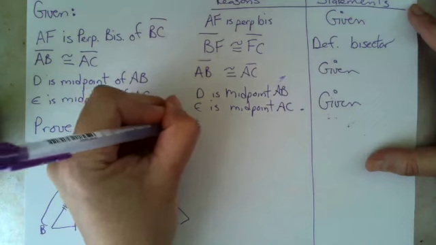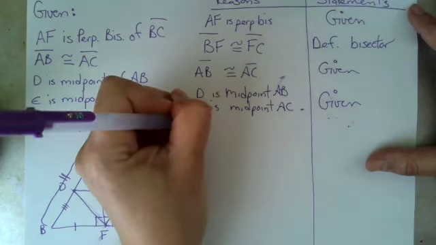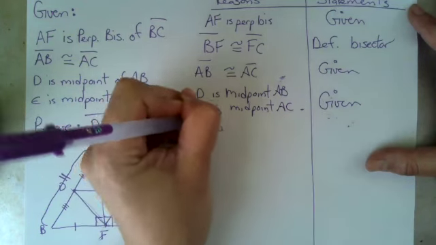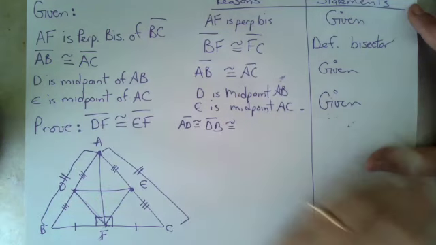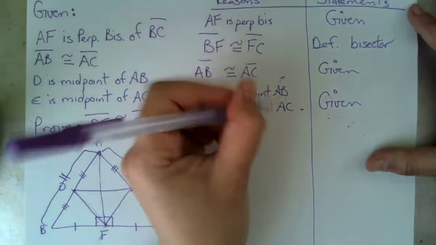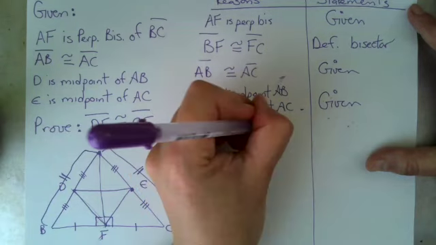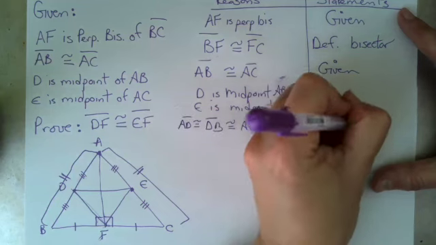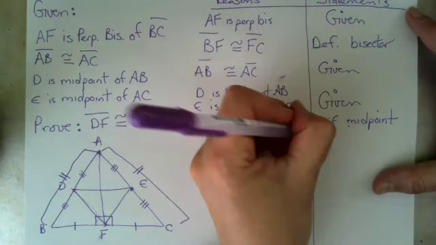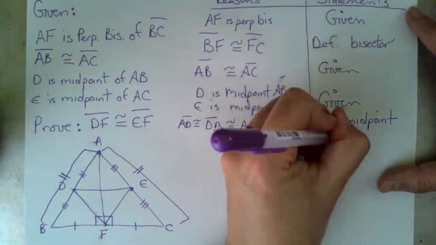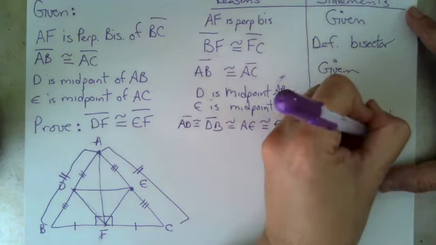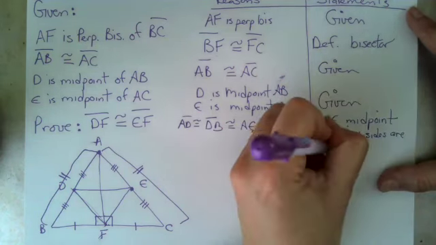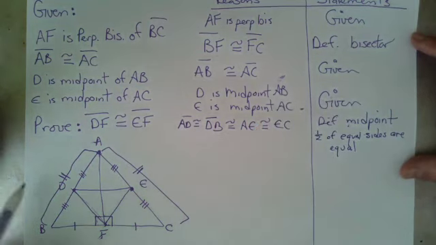AD is congruent to DB, which is congruent to AE, which is congruent to EC, and that's the definition of midpoint, and that's also that 1/2 of equal sides are equal. And so that lets me know that BD is congruent to EC, so I've got that in there.